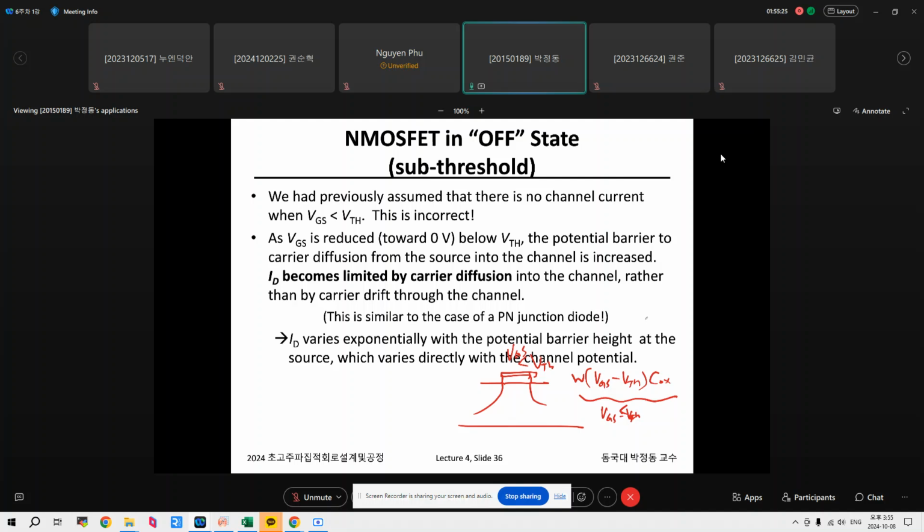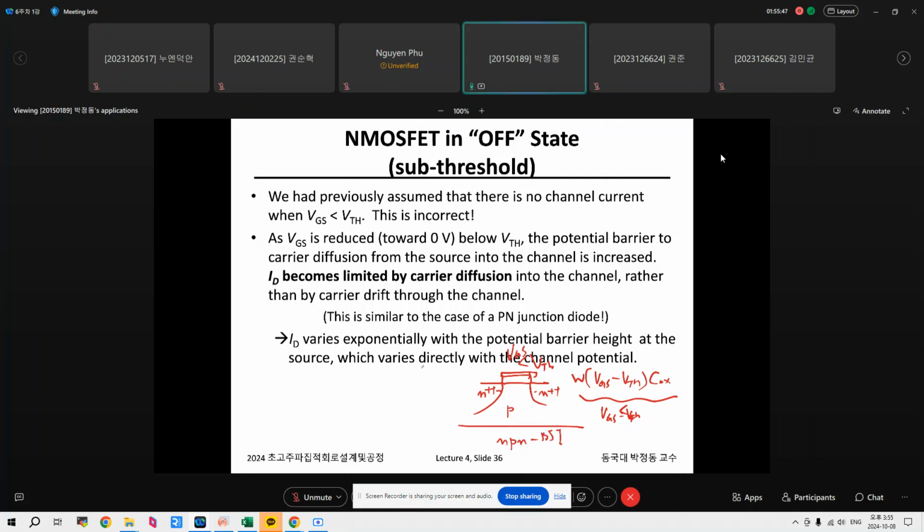Even though there exists no channel between source and drain, we still have a BJT. Why? Because this is N, this is P, and this is N, which means an NPN transistor, NPN BJT.